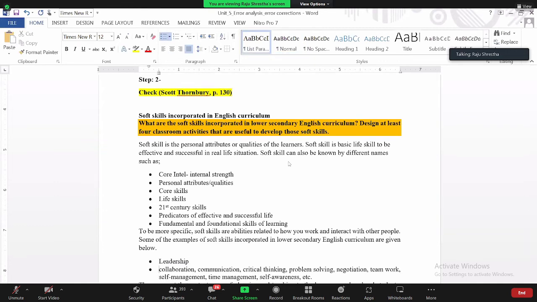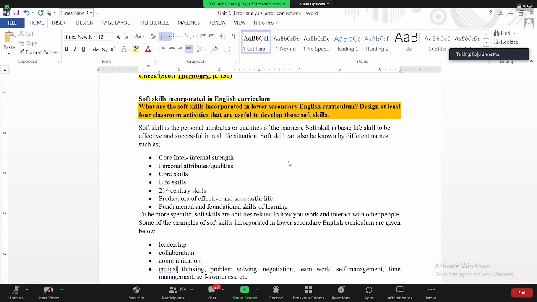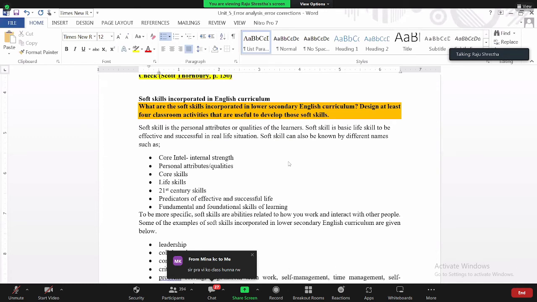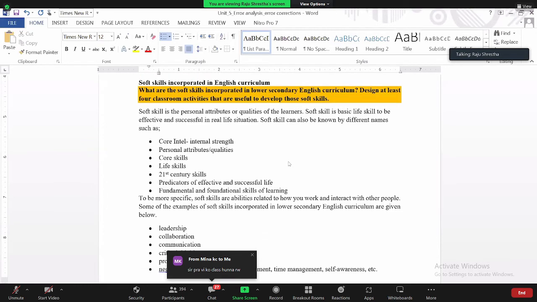Leadership, collaboration. We expect students to take a leading role. We expect collaborative learning in the English classroom. We expect students to be critical thinkers, creative thinkers, problem solvers, negotiators of their learning.